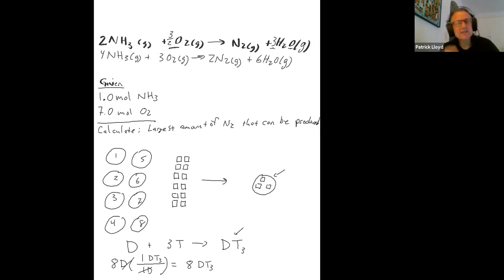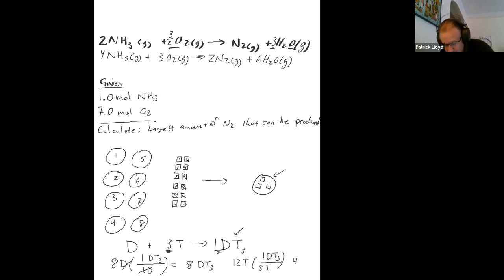But we also have to consider the other reactant. The other reactant is we need 3 toppings for every pizza. So how many toppings do we have? 1, 2, 3, 4, 5, 6, 7, 8, 9, 10, 11, 12. So we also have 12 toppings, and it's 1 pizza for every 3, right? 1 for every 3 toppings.